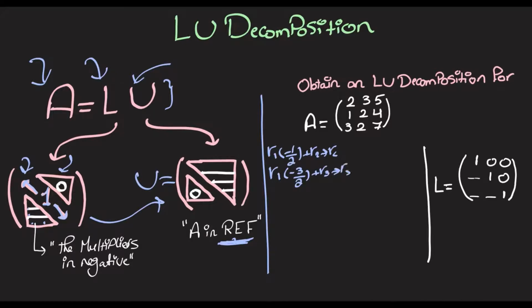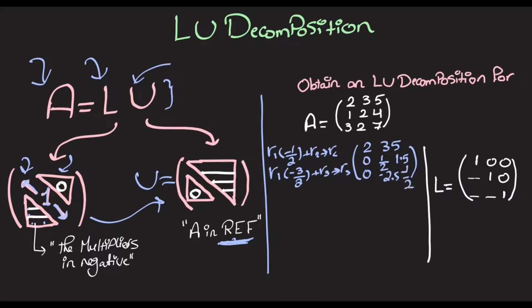By doing this, 2, 3, 5 remains the same. This becomes 0, this becomes 1/2, 4 becomes 1.5. Then here you get 0, 2 becomes -2.5, and 7 becomes -1/2.